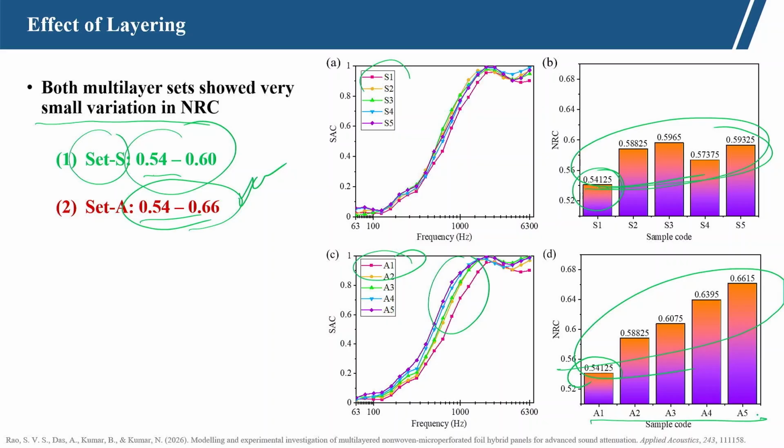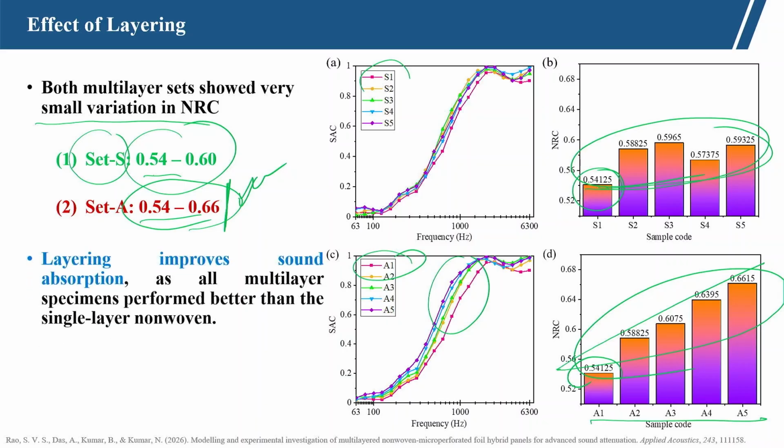At least for the same GSM, areal density, when we increase the number of layers, the noise reduction coefficient increases consistently. So, layering improves sound absorption, as the multi-layer specimen performs better than the single-layer nonwoven. Although it is not too high, there is an improvement.